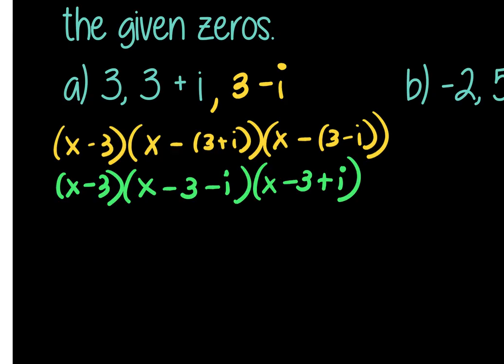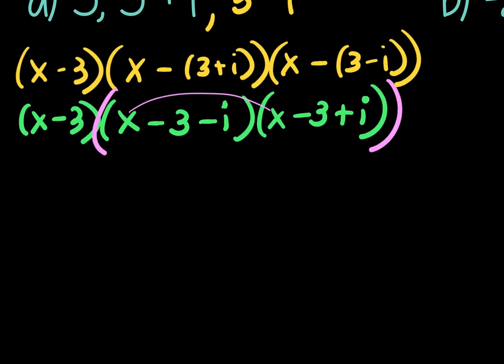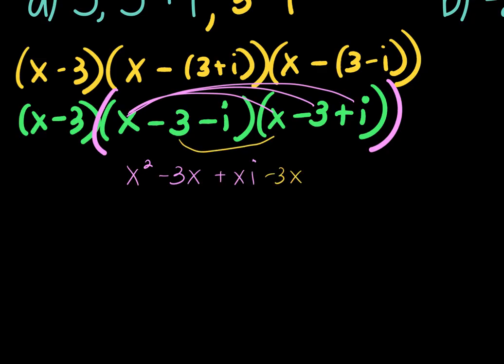So I'm going to multiply out first the second and the third parentheses. x times x is x squared. x times negative 3 is minus 3x. x times i, positive xi, or ix, that doesn't matter. Then repeat with the negative 3. Negative 3 times x.